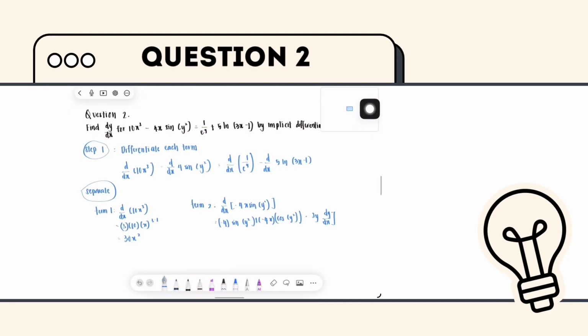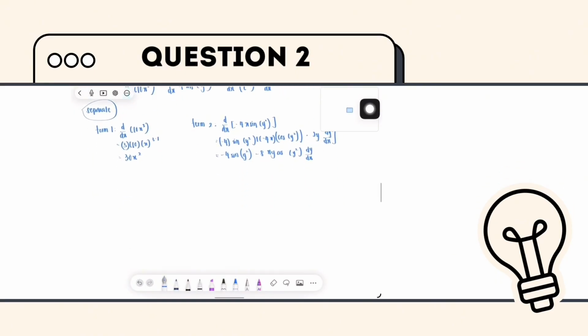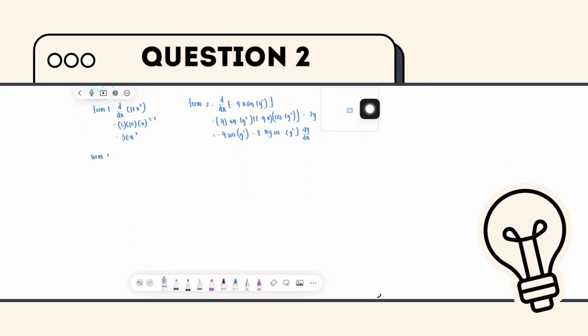And we will get negative 4(y squared) minus 4xy cos(y squared) dy over dx. For this term, we need to rewrite it as e to the power of negative y and apply the chain rule. In term 4, we need to apply the chain rule for the logarithms.